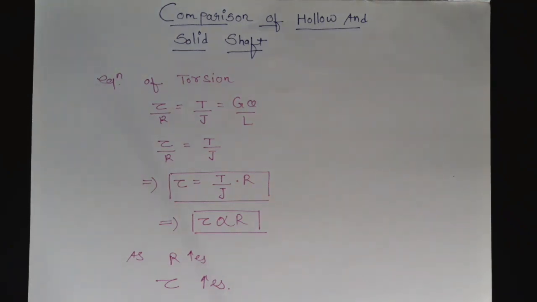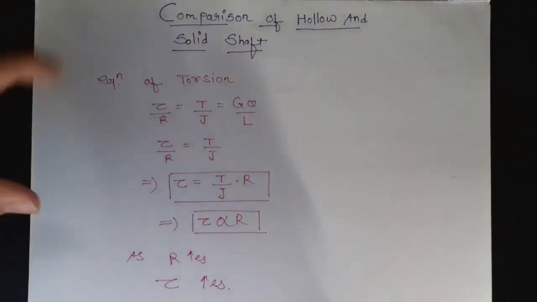Whereas in case of hollow shaft, there is better utilization of the material strength. Hence hollow circular cross section is more economical as compared to the solid circular cross section.